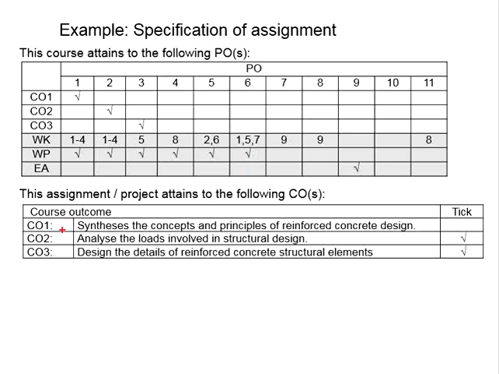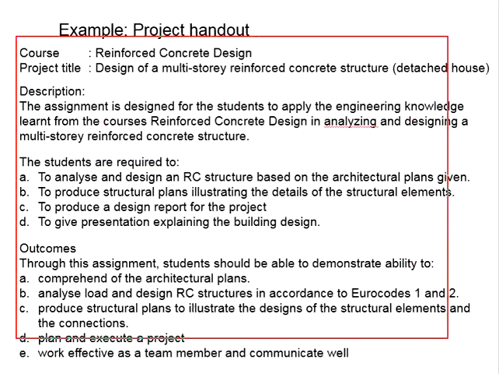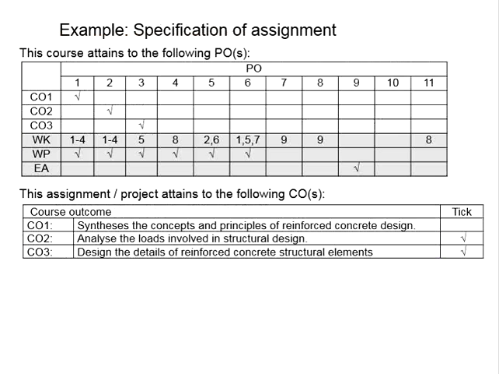There should be elements of analysis of the loads involved in the structural design. There shall be elements of designing the details of reinforced concrete structural elements. And if you see the content of the assignment, it is entirely meant for these 2 learning outcomes.